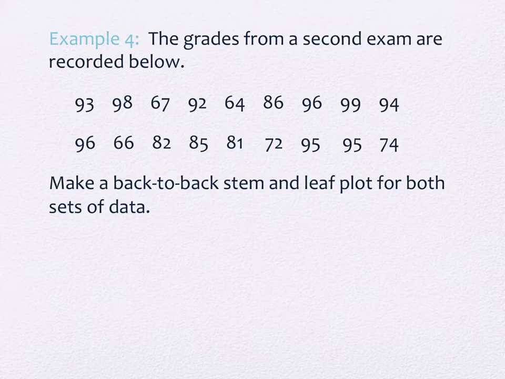In order to make the stem and leaf plot from this data set, we're going to do just like we did before, first identifying the smallest and largest numbers. So what do you see as the smallest? 64. And as the largest? 99. So I don't actually have to have my stems quite as expansive as I did over here.